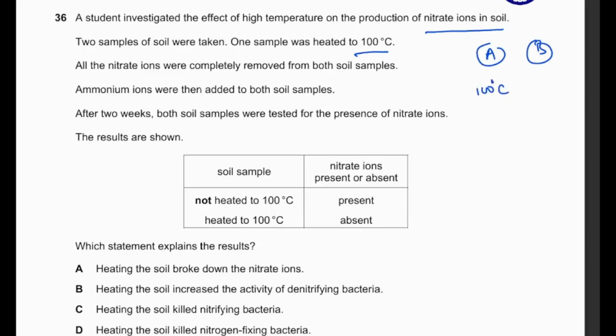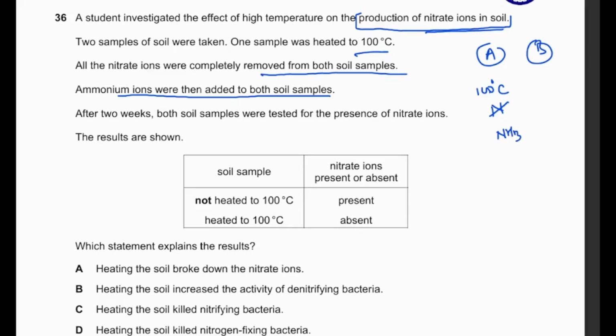All the nitrate ions were completely removed from both the soil samples. Ammonium ions were added to both the soil samples. So nitrate is lost, okay, and ammonium is added.